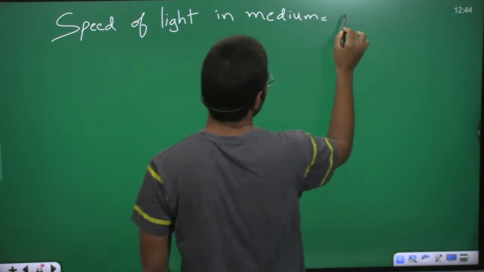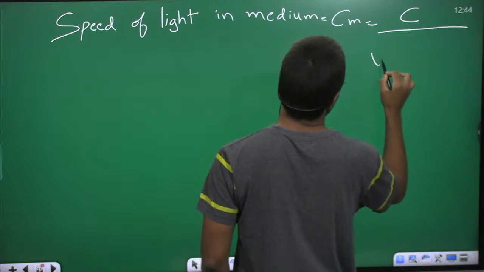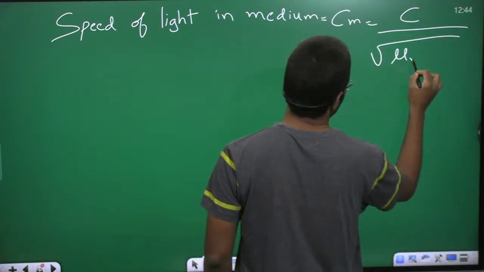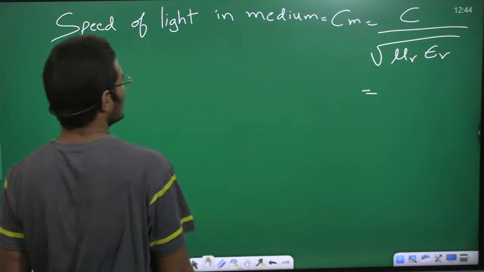Cm is equal to C by under root mu r epsilon r.